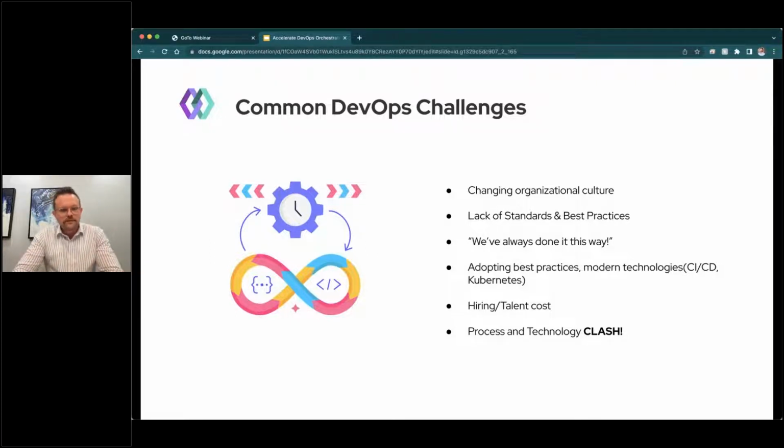And especially post-COVID, the hiring and talent costs and the attrition, trying to keep people in this culture that you're trying to create in these teams, is rather difficult, especially over the last year or so. And we run into this situation where between the people, the process, and the technology, it's all kind of clashing together a little bit, and it's making it difficult to maintain a proper DevOps practice, if you will, or a process, right?